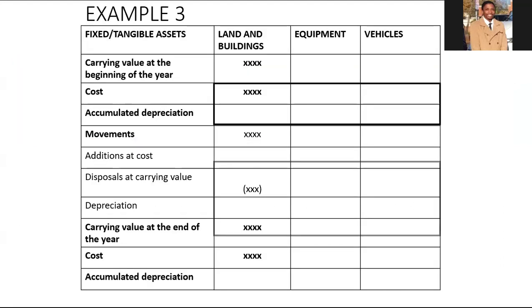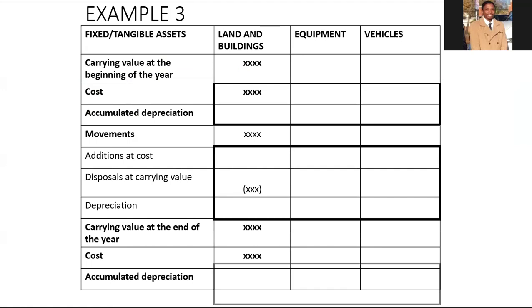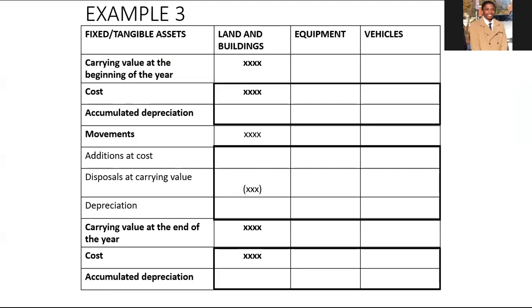Tangible assets. It has three parts, remember? So cost of equipment at the beginning hasn't changed. It's 400,000. Accumulated depreciation was 175. Carrying value will be 400,000 minus 175, and that will be 225. Under movements, we did not buy any equipment. We did not sell any equipment, but depreciation on equipment was 56,250, which is our net movement.